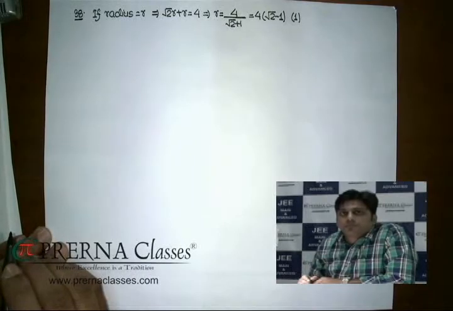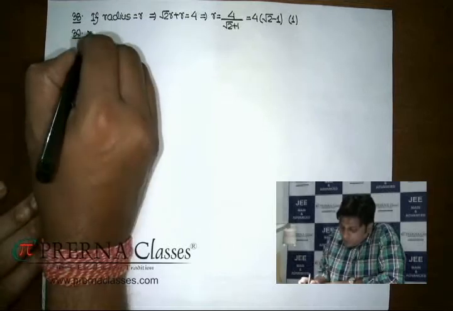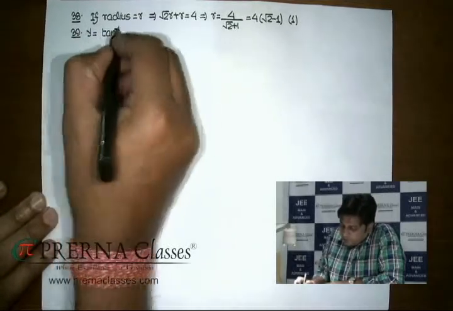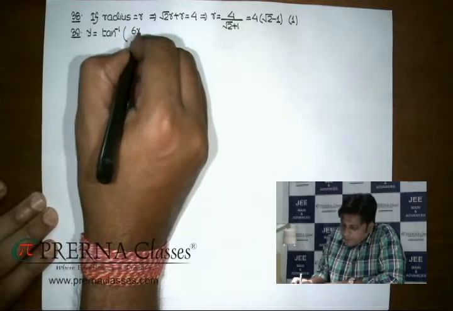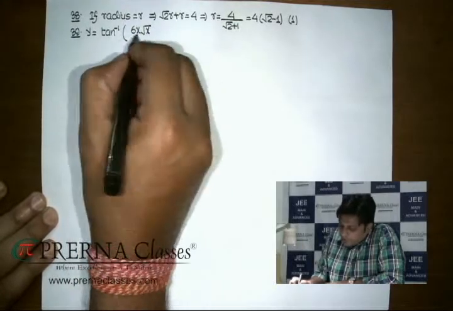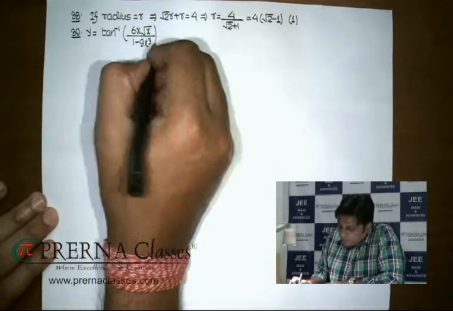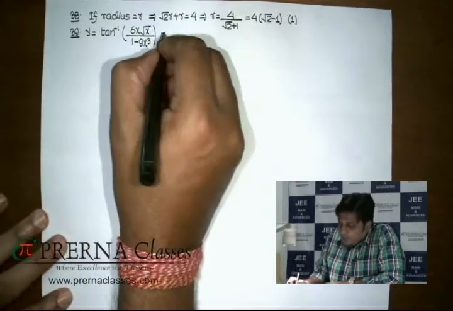Question number 39 is a question related to derivatives, where we are given a function which is tan inverse of 6x root x by 1 minus 9x cube.